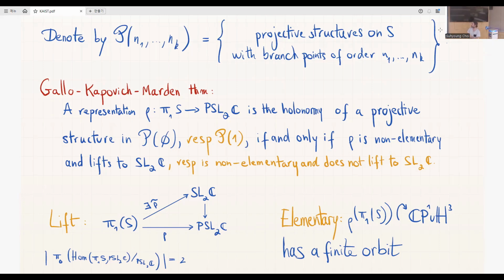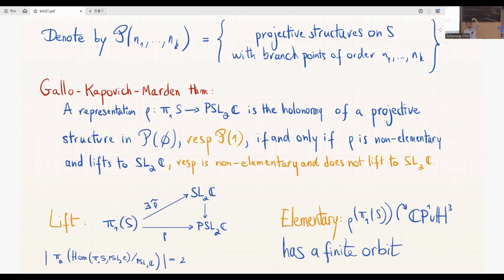Okay, so elementary is a very degenerate thing for a representation. It means basically that you are either in SU2, in PSU2, or maybe you are in the affine group, right? You fix a point in CP1, so you actually act as an affine group.